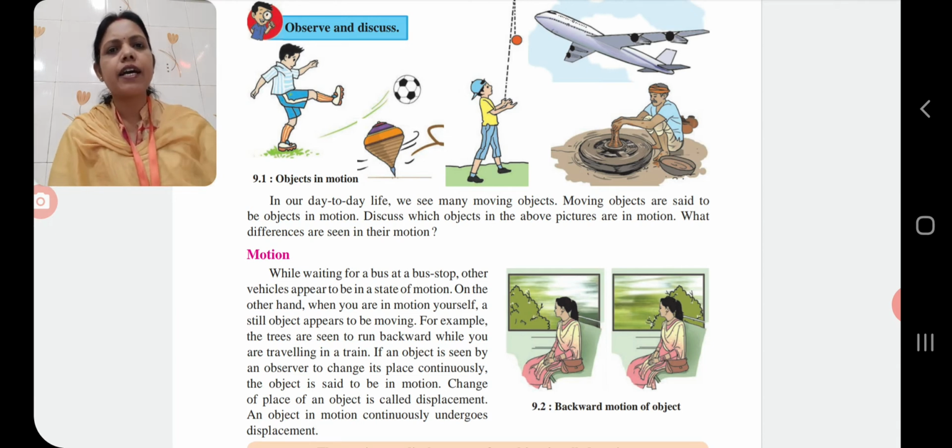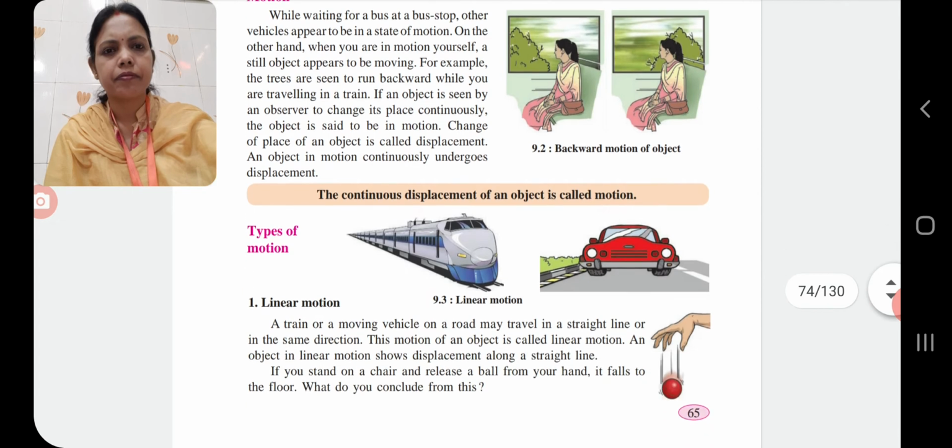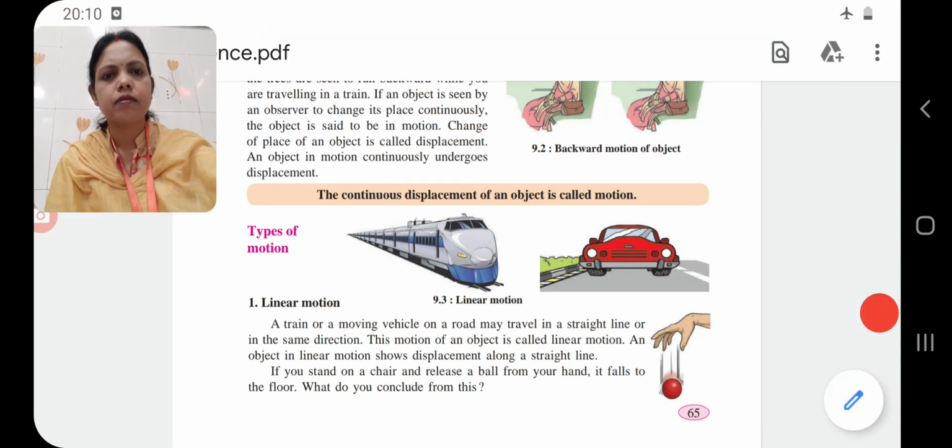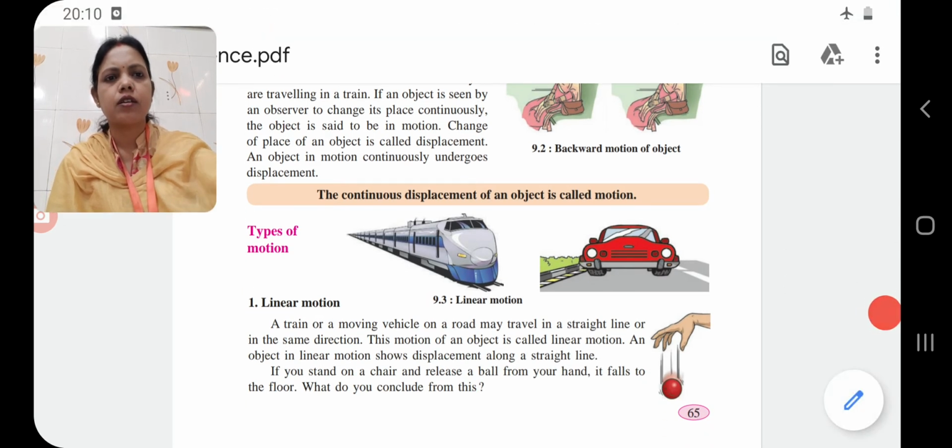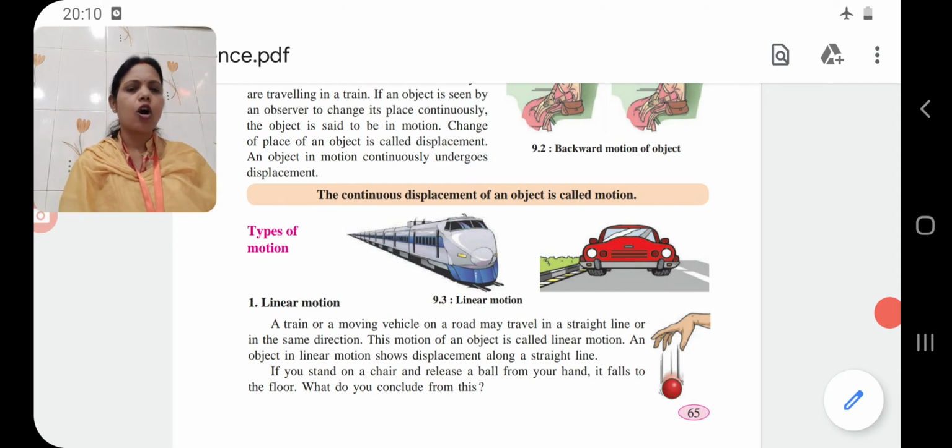Here in our textbook, a train or a moving vehicle on a road may travel in a straight line or in the same direction. This motion of an object is called linear motion.